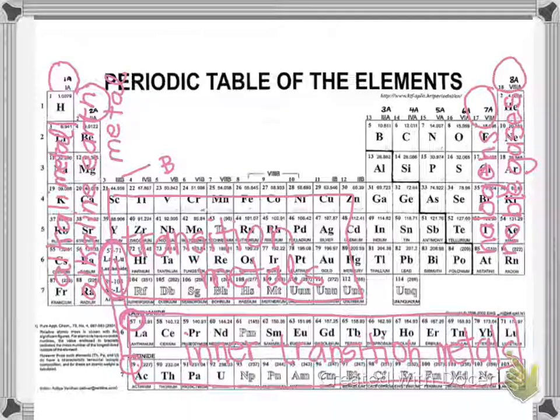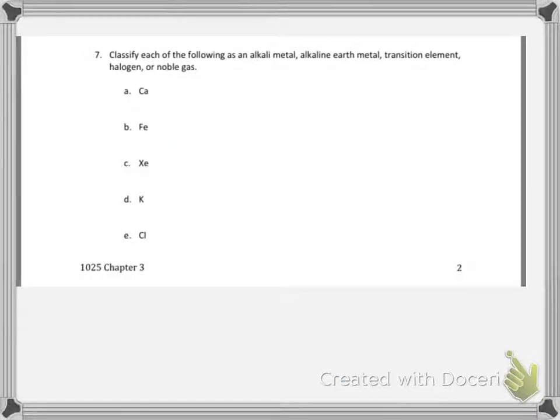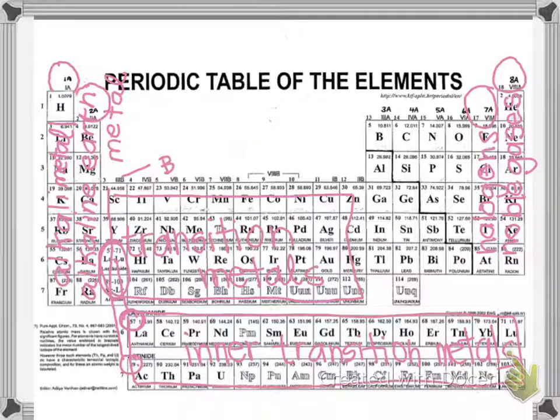Now let's reread question 7. Classify each of the following as an alkali metal, alkaline earth metal, transition element, or halogen or noble gas. So we have to use our periodic table, so letter A is calcium. So calcium is right here on the periodic table.